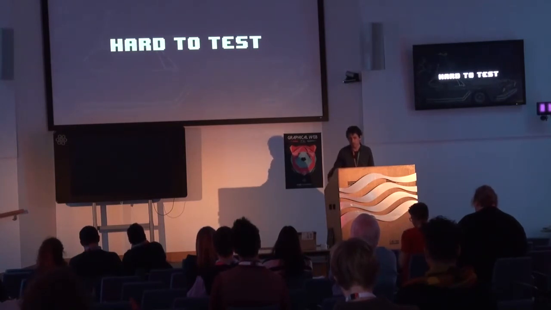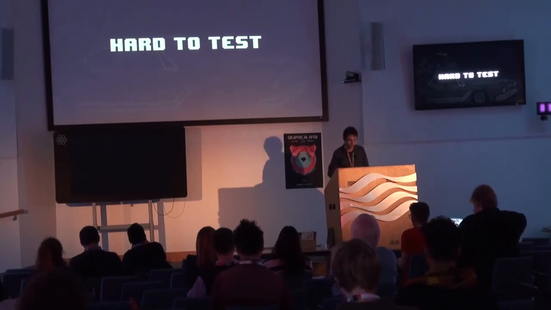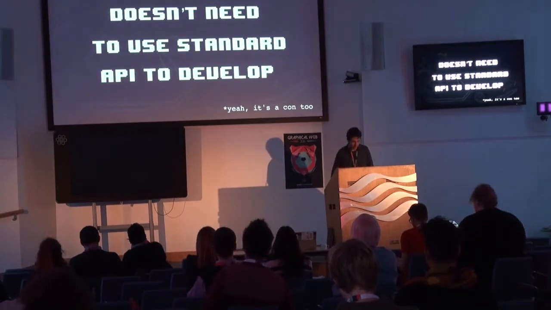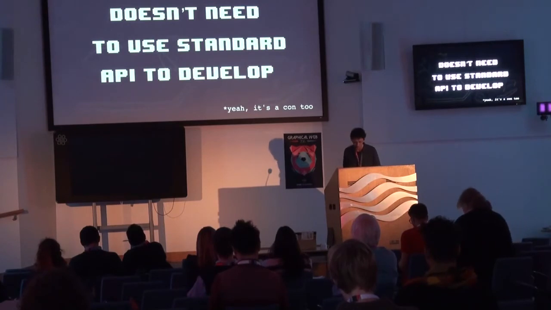You have a lot of libraries with different states. It's better if these libraries start as stateless. You can test more easily, and you don't need to use a standard API to develop.